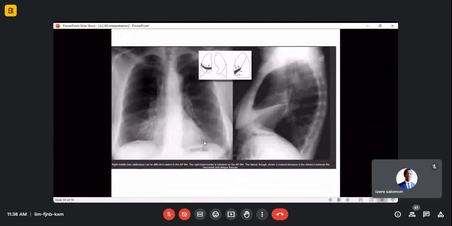That's the truth. Look carefully at the spinous processes: the distance here and this one are different. So the patient was rotated to the right, and the trachea being on the side is, at least in part, even more than 60% due to rotation. Okay, but I can see there is an opacity here, for sure.